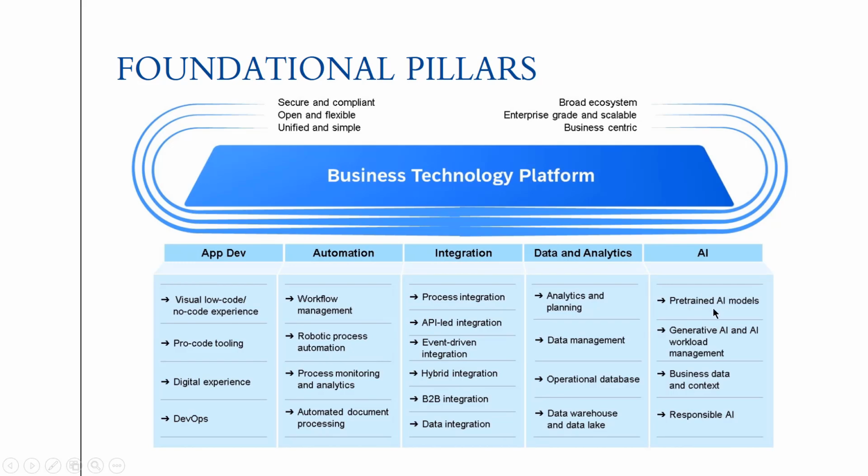In the backend there will be a foundation model, and they will integrate with that foundation model. That foundation model is already pre-trained with huge data. That's why whatever question we ask ChatGPT, instantly it will connect to the backend foundation model, and it will generate the text based on the question. So pre-trained AI models are already available in the BTP also, so you can integrate that pre-trained model.